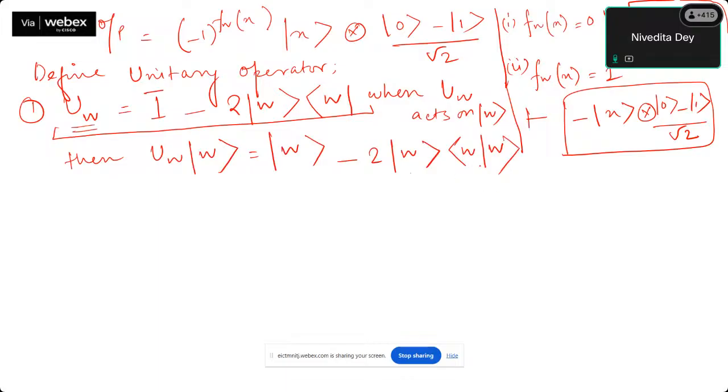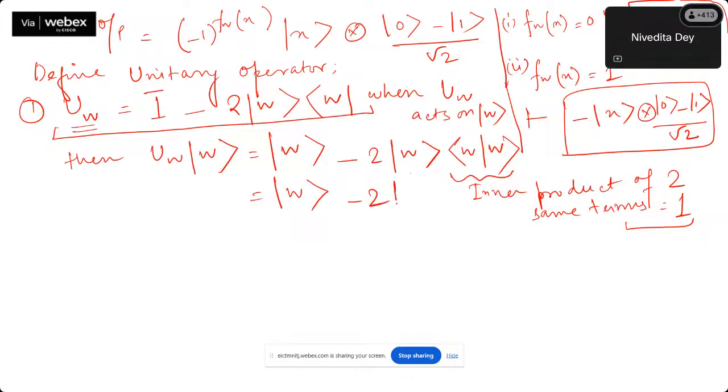Now we know this is the inner product of the same term, which is 1, because the state is normalized. So that means this is |W> minus 2|W>. So 1x minus 2x is minus x, so this is minus |W>. That means U_W of W has made it minus W.